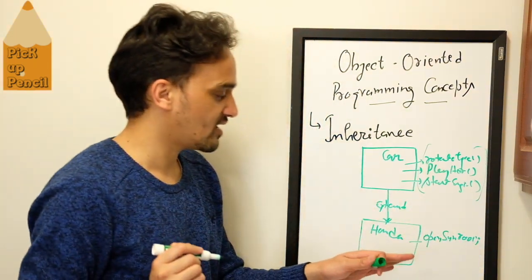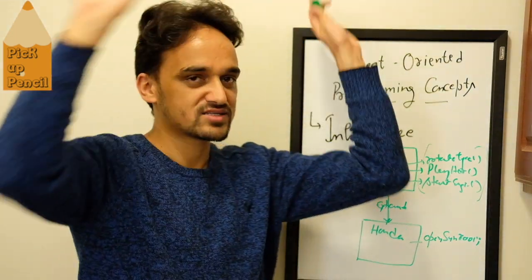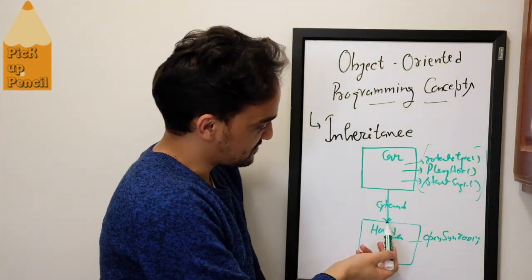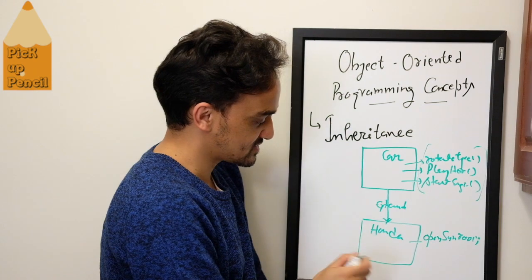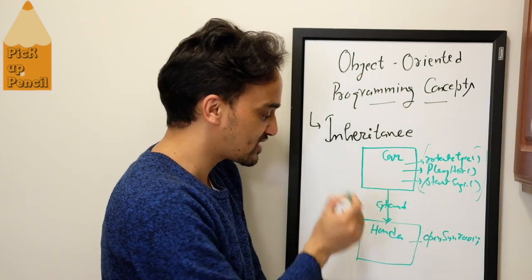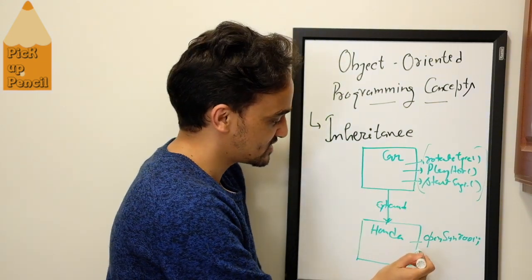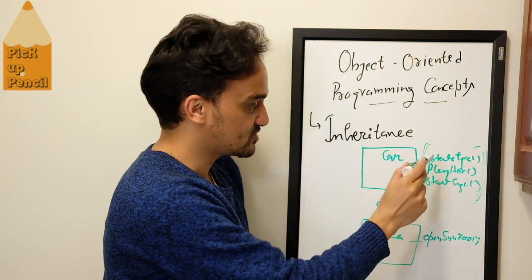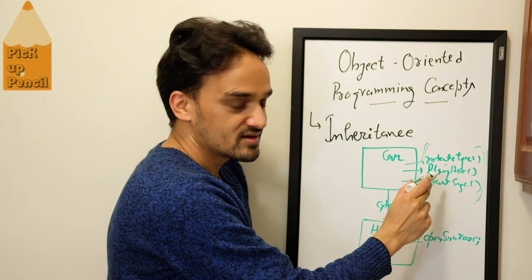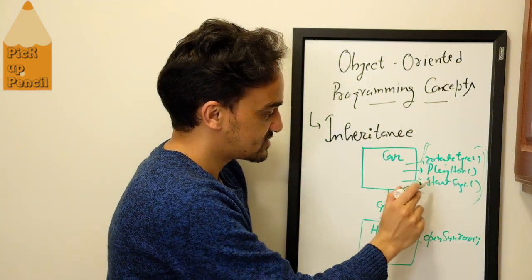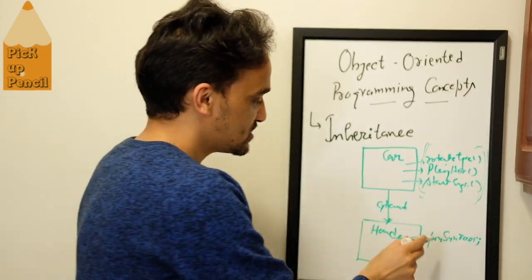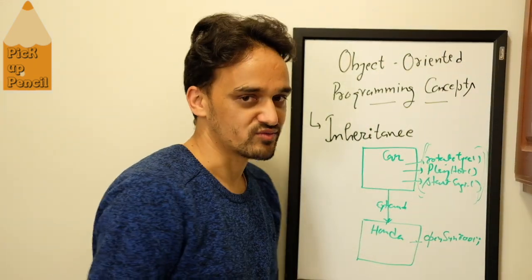So this Honda car has some feature to open a sunroof for the car. So now after the inheritance from the car class, Honda class has acquired all these properties. Now Honda car is able to rotate tire, it's able to play horn, it's able to start engine, plus it has its own feature to be able to open a sunroof.